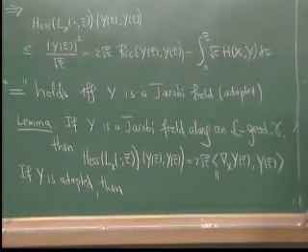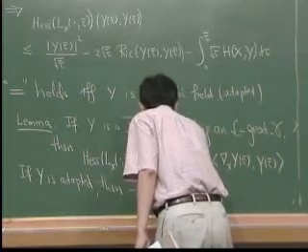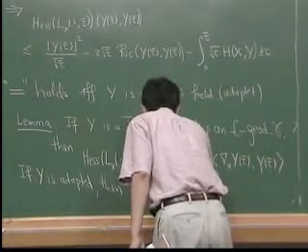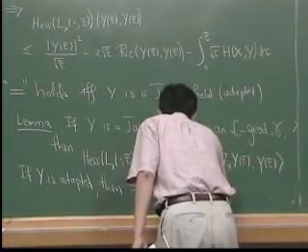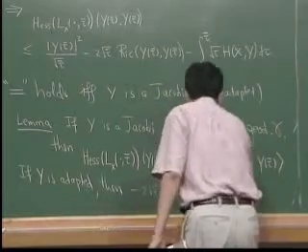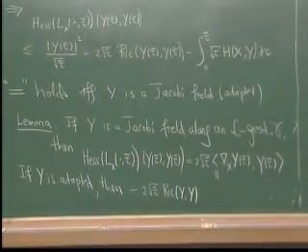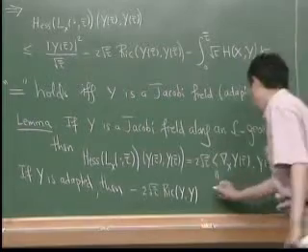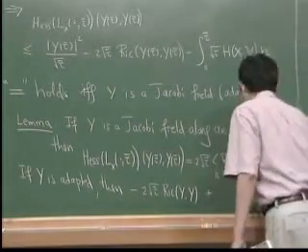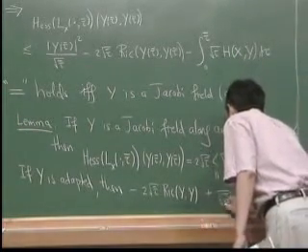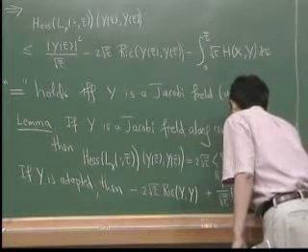So this term is simply minus twice the square root of tau bar of Ricci of y, and then plus square root of tau bar of y.